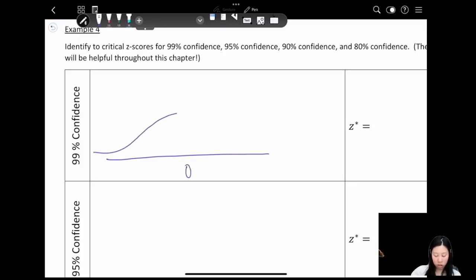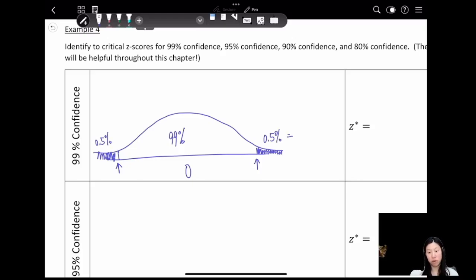And then in order to attain 99% of the values, so in the middle is 99%, we need to find out what the cutoff value will be for the left tail and the right tail. So the shaded area should be what? Since the middle part is 99%, that means the two tails are going to be 1%. So that means each tail would be 0.5%.